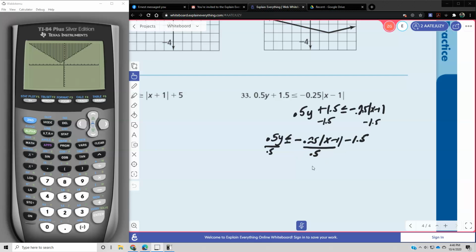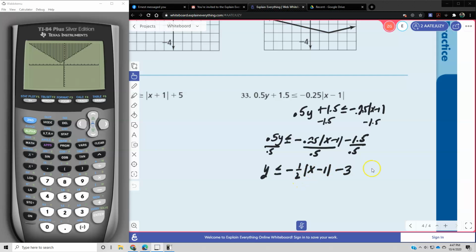So y is less than or equal to, and you have 0.25 divided by 0.5, which gives you 0.5, which is a half, so it's negative 1/2 absolute value of x minus 1, and that 1.5 divided by 0.5 gives you 3, minus 3.